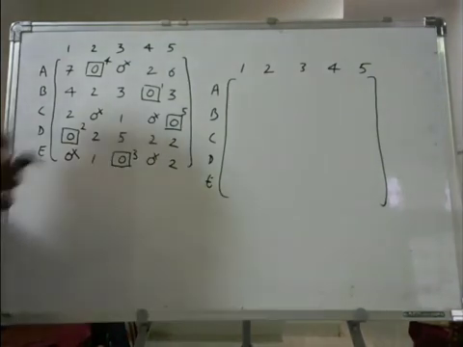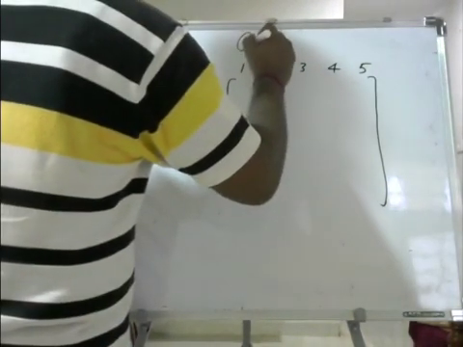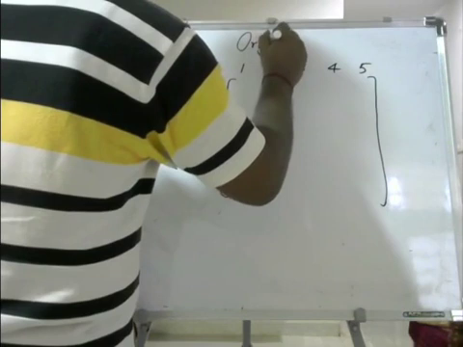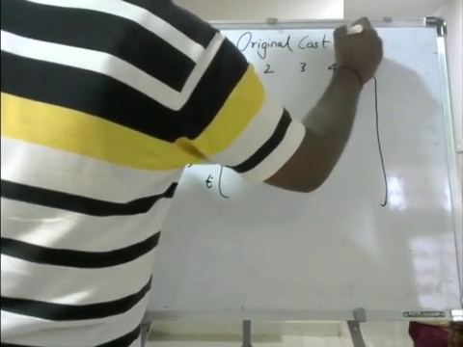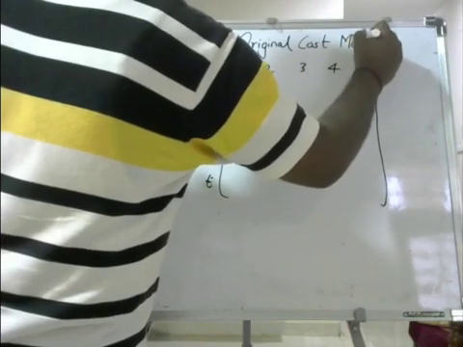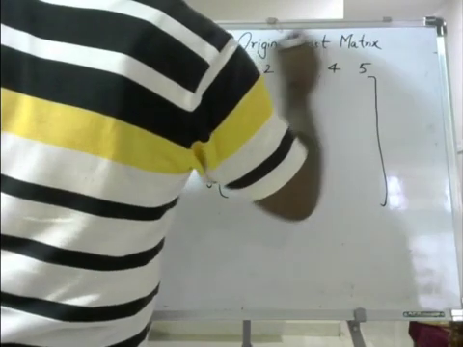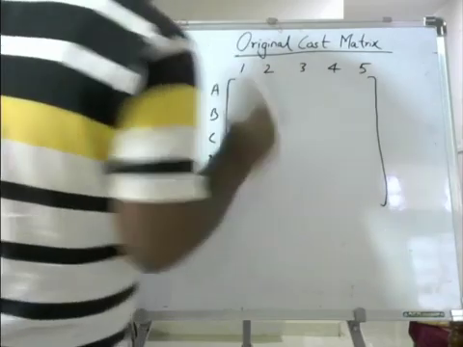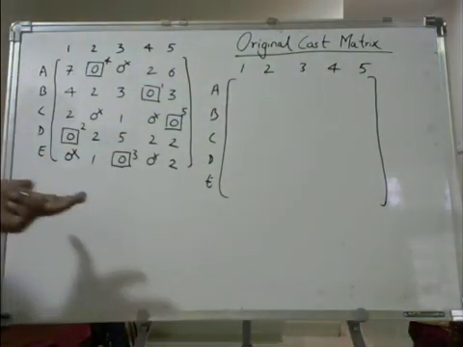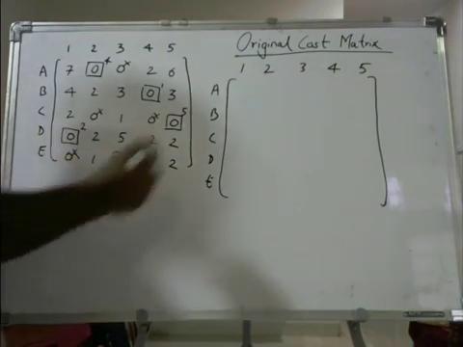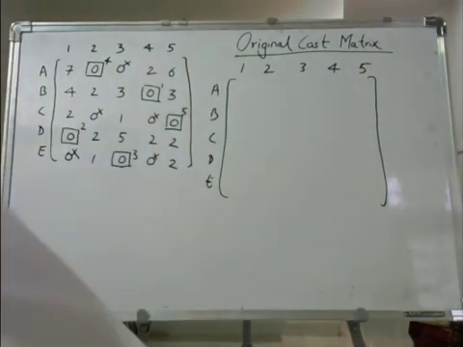So here I will write the original matrix. You don't have to write it. I am writing it because that matrix is not on the screen here. So that's why I'm going to rewrite this matrix.